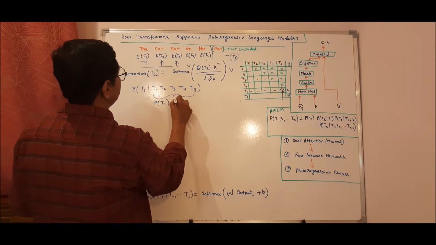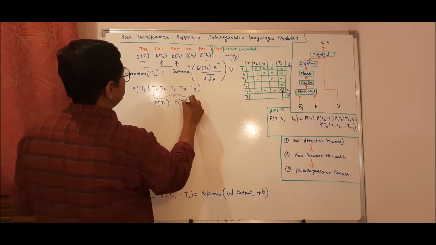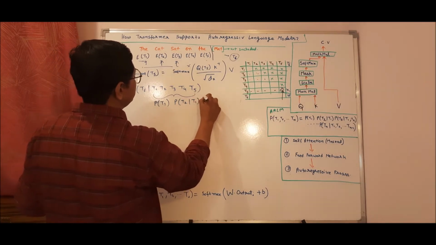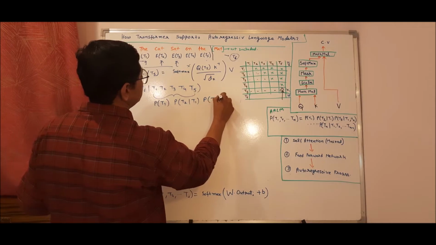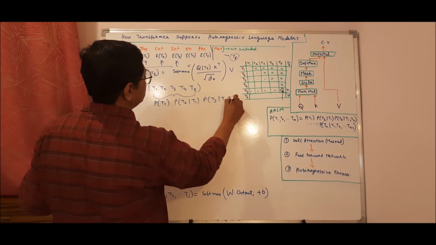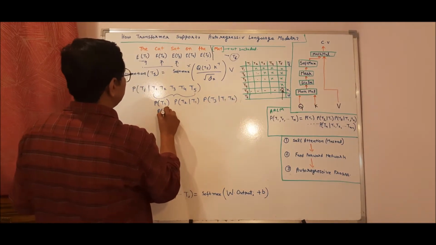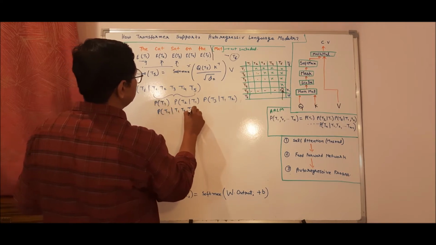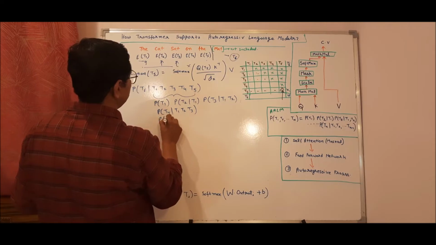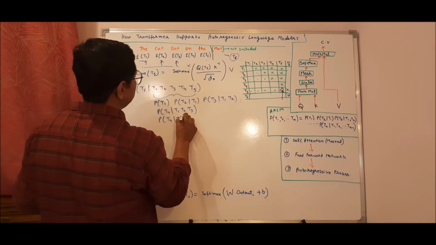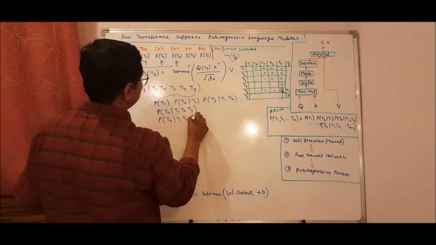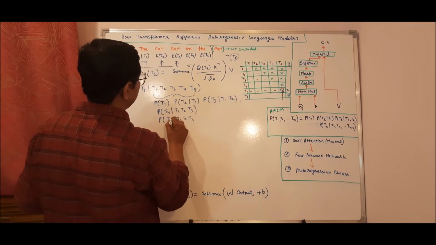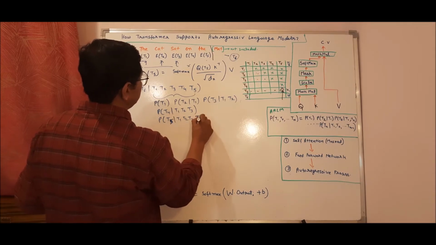Probability of T1, probability of T2 given T1, probability of T3 given T1, T2, probability of T4 given T1, T2, T3, and probability of T5 given T1, T2, T3 and T4.